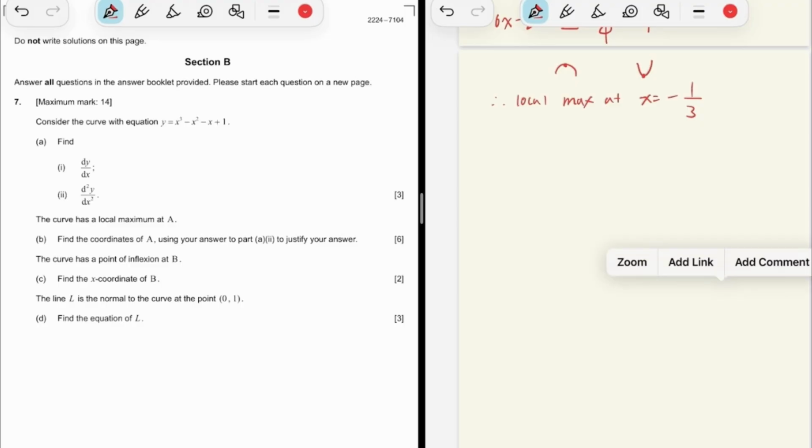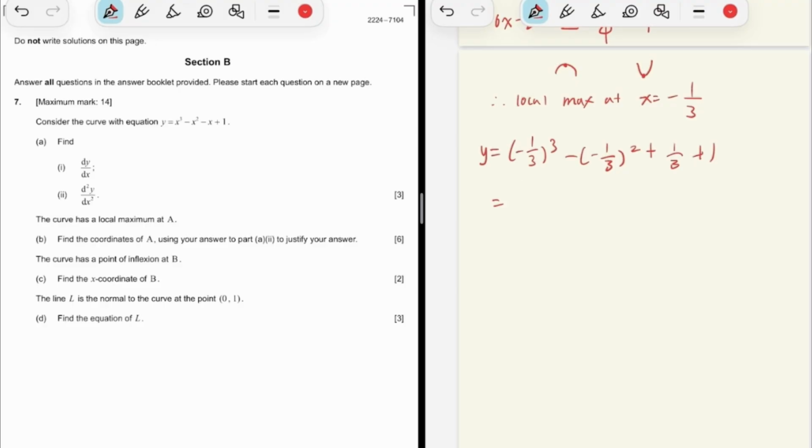And then after finding the local max, we would sub the x value back into the function or equation to find y. So y equals negative 1 over 3 cubed minus negative 1 over 3 squared plus 1 over 3 plus 1.